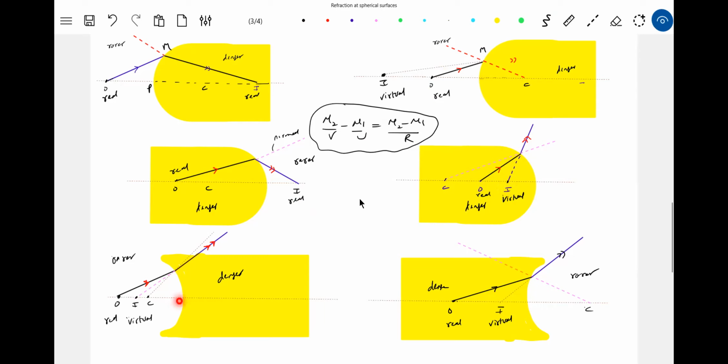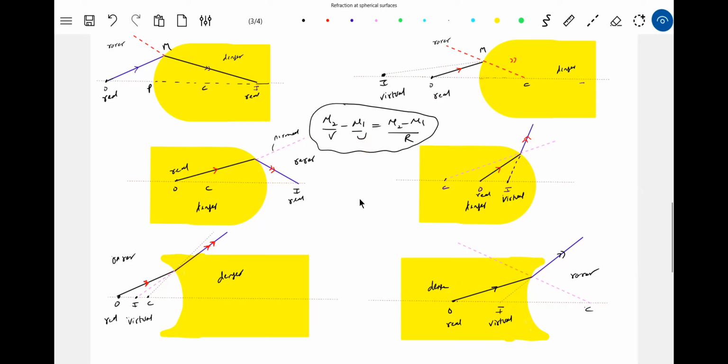Now, what about the object facing the concave boundary, kept in rarer medium, and the image is formed in the same rarer medium. Similar situation here also. Object is in denser medium, image is formed in the same denser medium. Still, this particular formula is applicable. I think you do get conditions like this. So this formula is very much applicable.